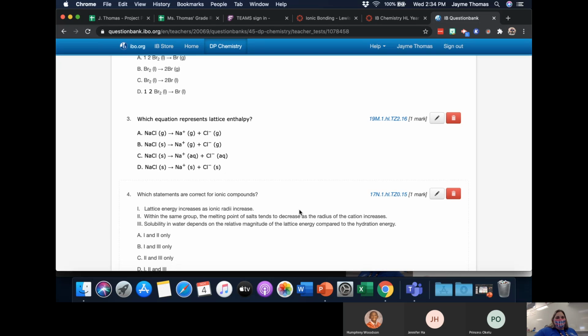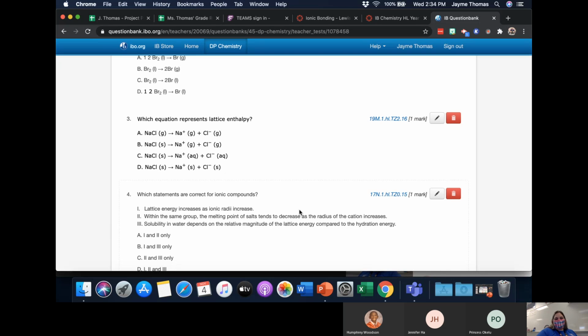So remember the lattice enthalpy is where I break down 1 mole of my solid ionic compound in its natural state into the gaseous ions that make it. Is it B? It's B.